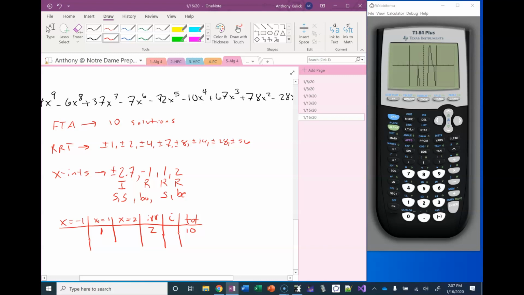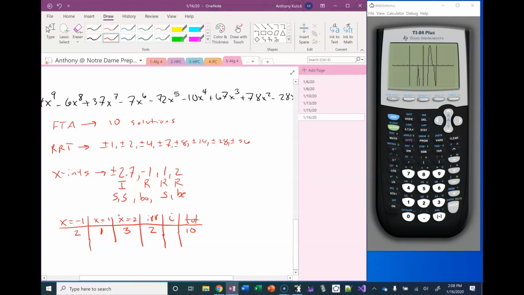So that much I can say right off the bat, right? Total of 10. X equals 1 is a straight, so that's used one time. Each of my irrationals are straight. Those are each used one time, so that's a total of 2. 1 for each of them. What's the minimum number of times a bounce can be used? What's the minimum number of times a bend can be used?